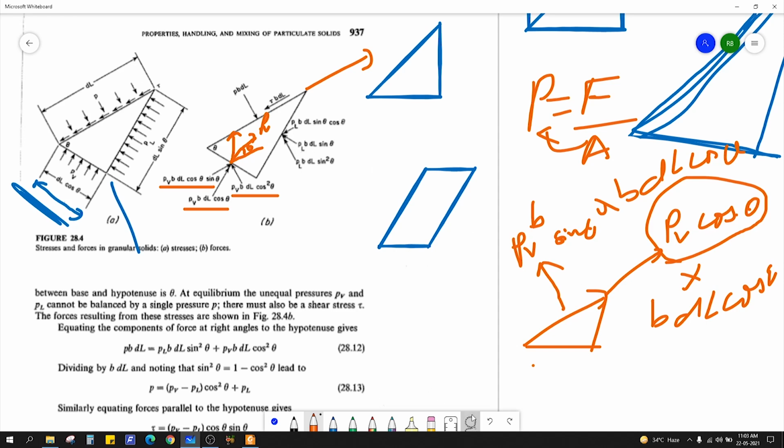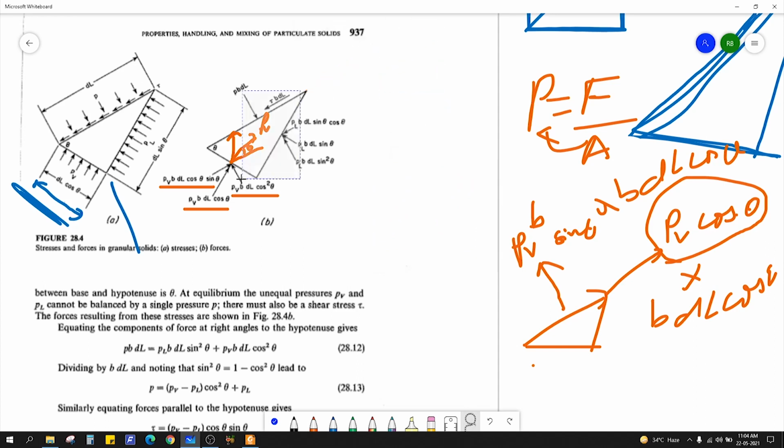So okay, I will show you. Okay, so the PL was in this direction, right? Now draw a parallel line, something like this. So what will be this angle? So it will be better if you take here.